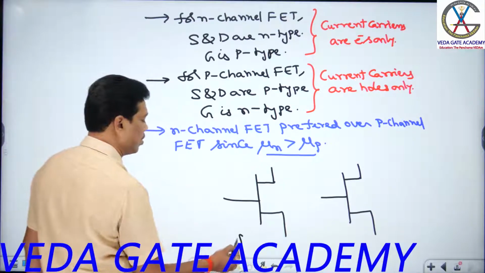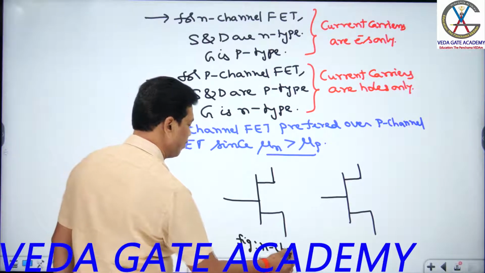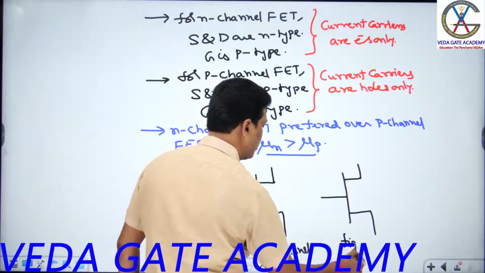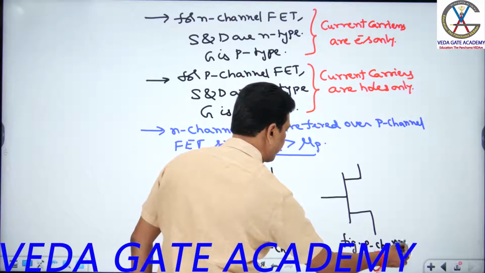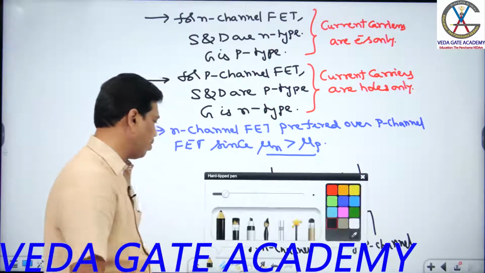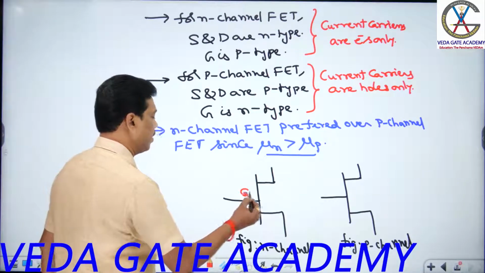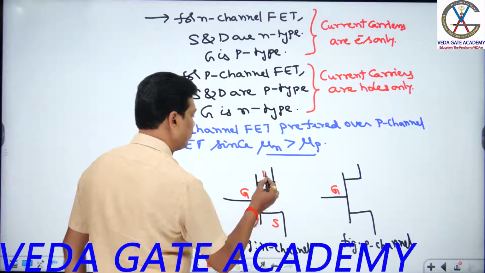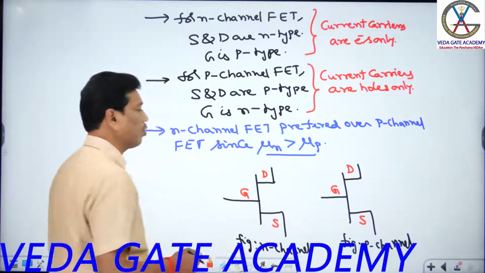So this is the N channel, and this is the P channel, students. It has three terminals. What are those? Gate, source and drain. Gate is the middle terminal. Source and drain are at opposite sides. If I see that symbol, both look the same.